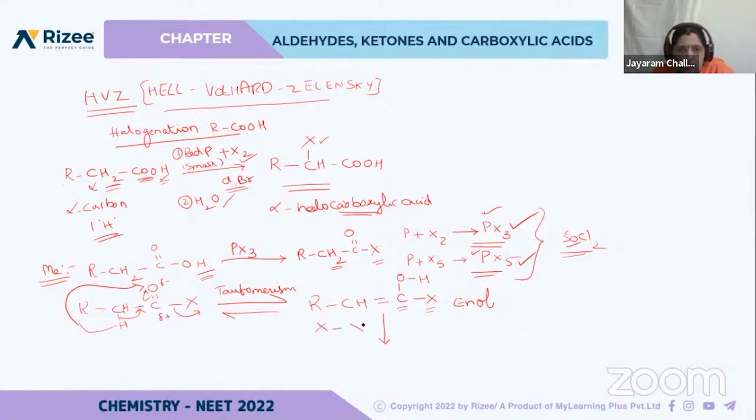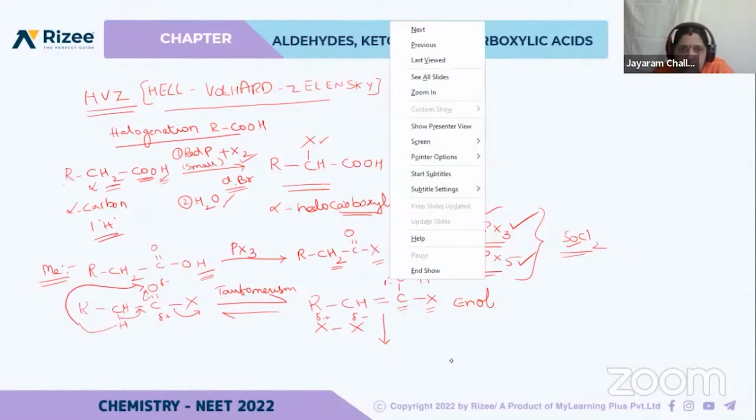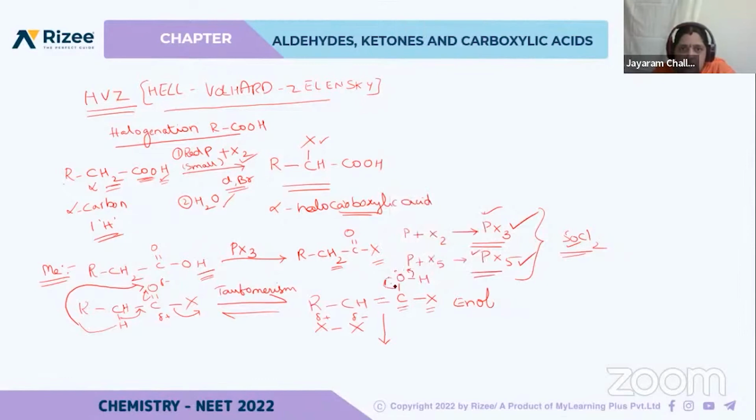Our X2 comes here. First of all, this X2 doesn't have any polar dipole, but whenever it comes nearer to this pi bond, it also starts showing dipoles. So what happens? As this oxygen is having a lone pair of electrons, this bond goes here, and this oxygen donates the lone pair of electrons to this positively charged carbon.